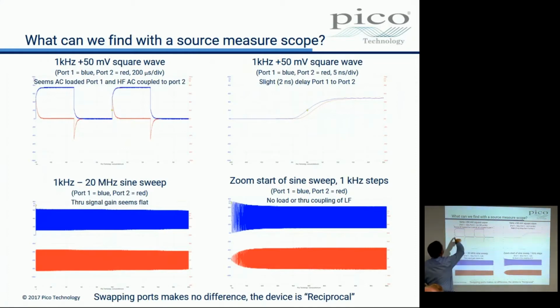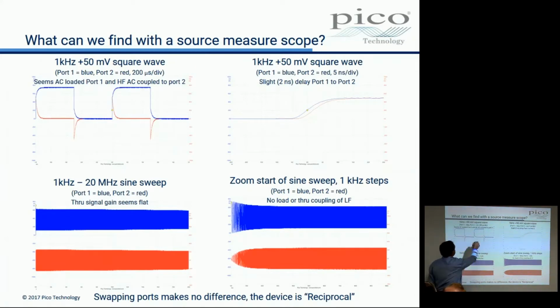So I put a 1 kilohertz square wave in blue, and it appears that this device loads it quite heavily at high frequency, so it rounds off the square wave. Okay, tells me something. Seems to load at high frequency and not so much at low frequency. And I got a spike out of the output.